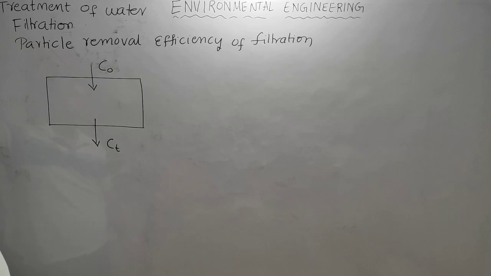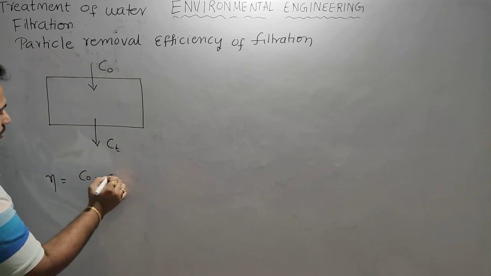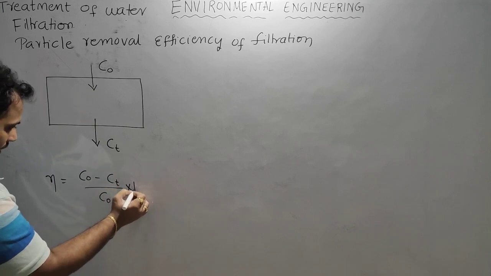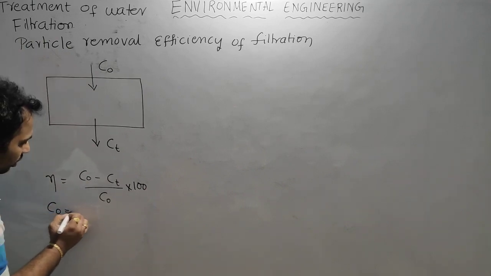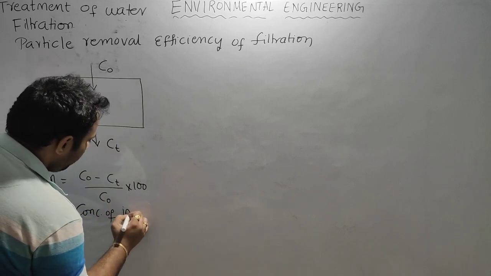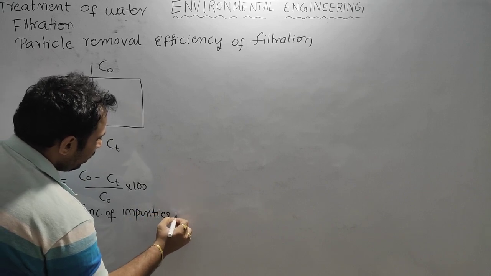Then the particle removal efficiency is nothing but (C0 minus CT) by C0 into 100 at a particular time, isn't it? The particle removal efficiency is equal to C0 minus CT, where C0 is the concentration of impurities in incoming water.